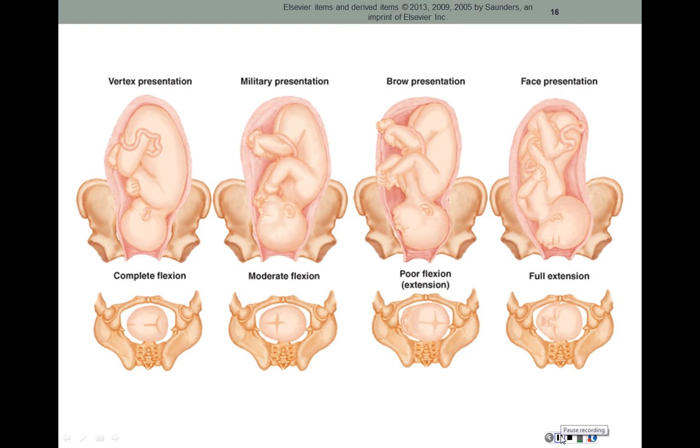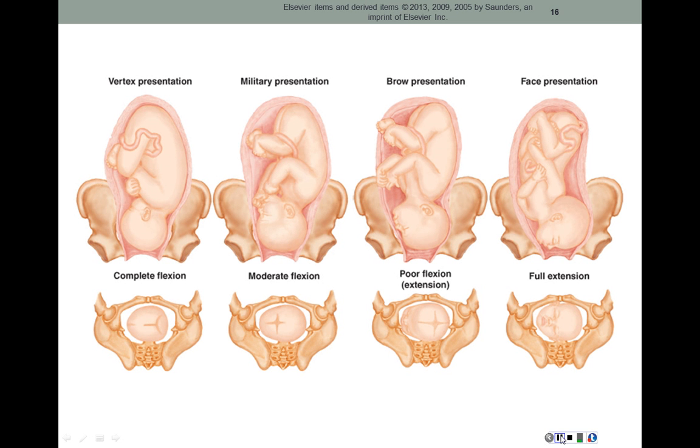So here you can see why that matters. With complete flexion, you look and you see baby's head inside mom's pelvis, and there's plenty of room. The smallest diameter of the head is presenting first. In moderate flexion, you see a bigger part of the head is presenting, so it's going to need a much wider area in order to get through the pelvis.